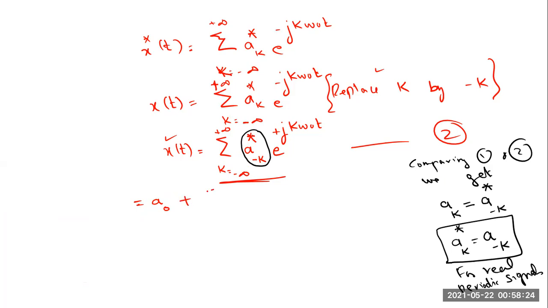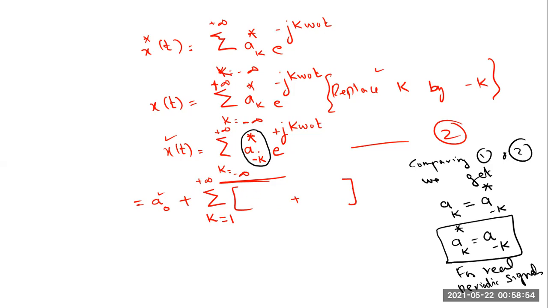Now we have to start from, let's say, 1 to plus infinity. Inside the bracket, I am going to use two terms because this interval is from minus infinity to plus infinity. I have already separated the zero value and 1 to plus infinity. So the other term is minus 1 to minus infinity.